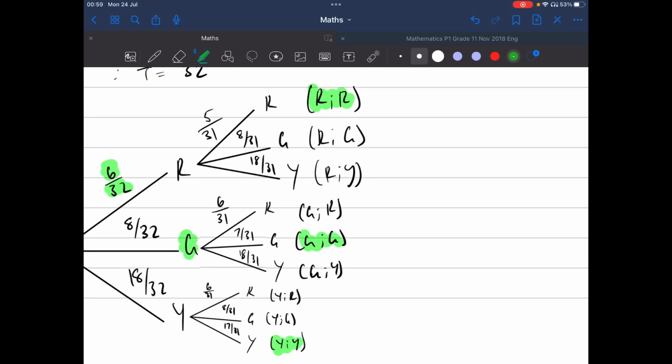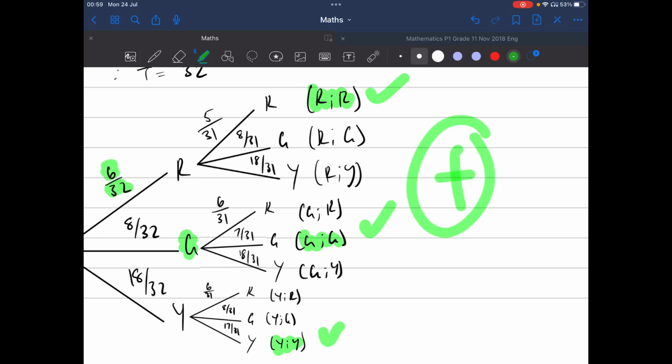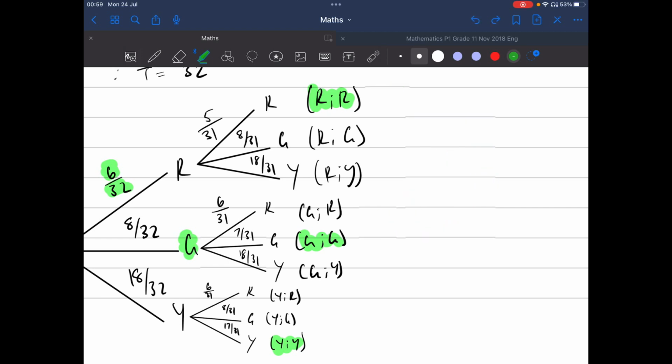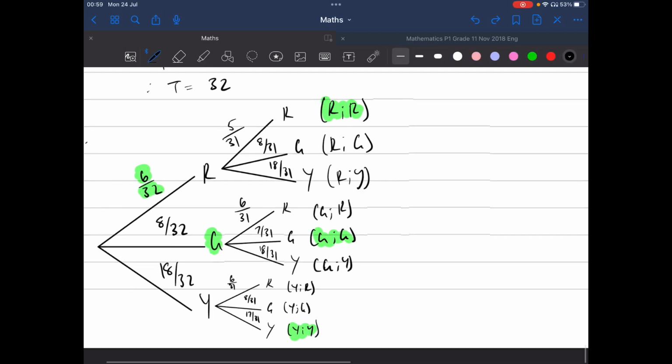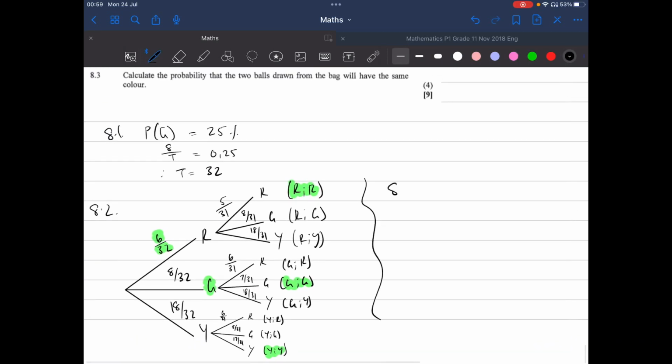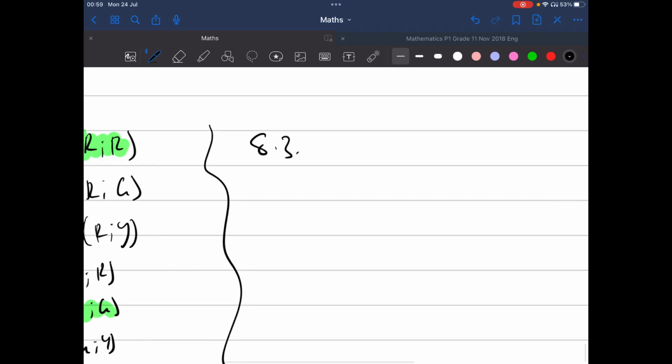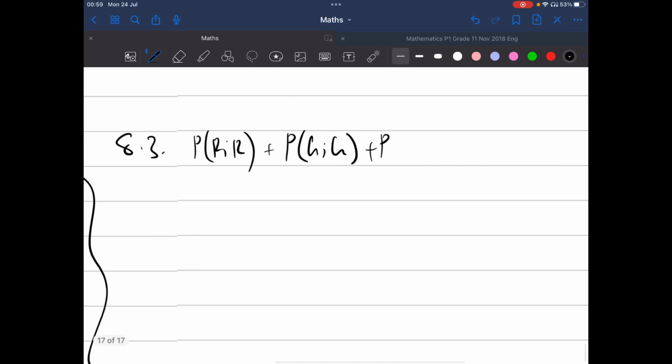I'm going to have to find the probability of this, the probability of that, and the probability of that, and add them all together. So I need to add the probabilities of red and red plus the probability of green and green plus the probability of yellow and yellow.